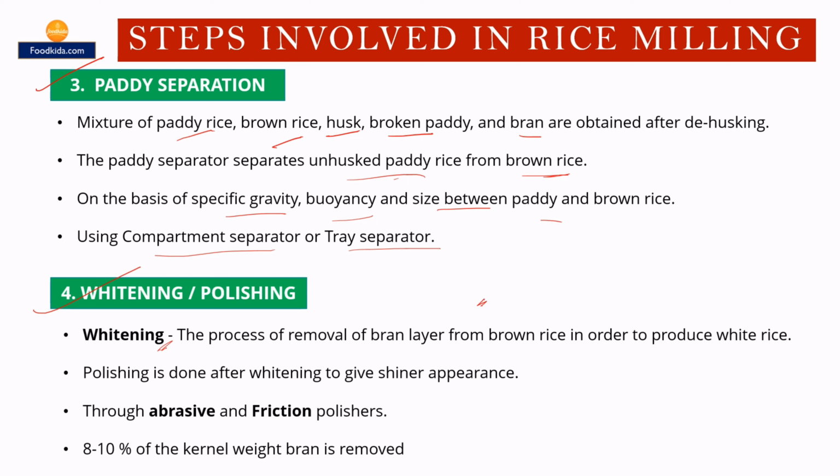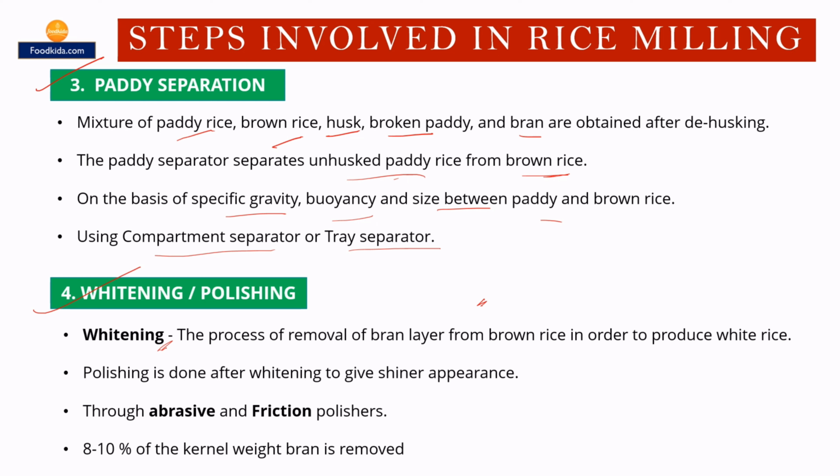So I think you all are clear about the difference between polishing and whitening. I'm again repeating that removal of the bran layer is simply known as whitening, and the bran particles still sticking to the surface of the rice are removed using the polishing method, which gives the smoother and shinier appearance of the rice.